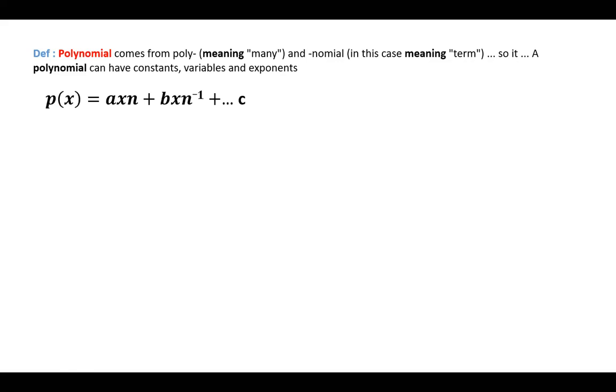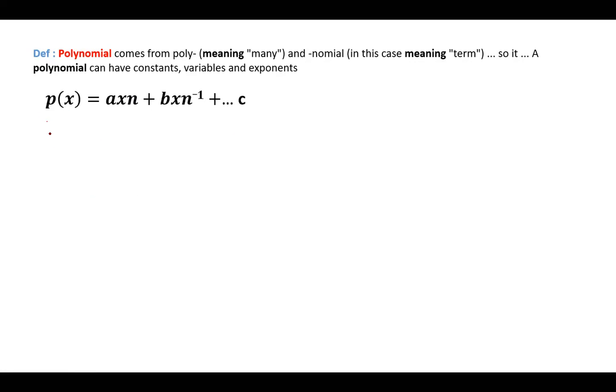An example of a polynomial is this one here. Oh, these two n's you are seeing here are supposed to be the powers. So this is read as a x to the power n plus b x to the power n minus 1. Let me just write it here.